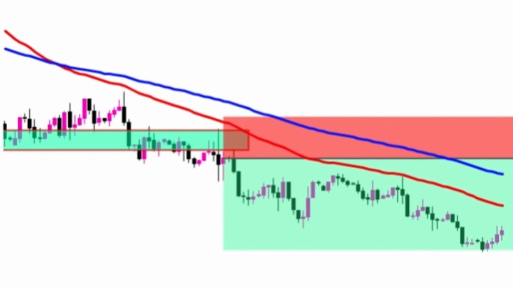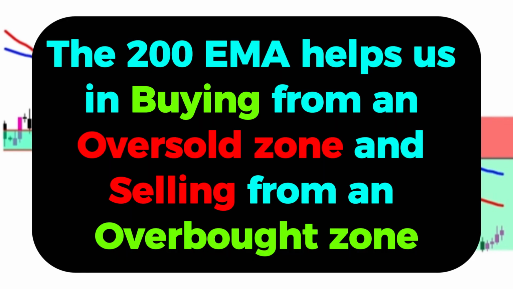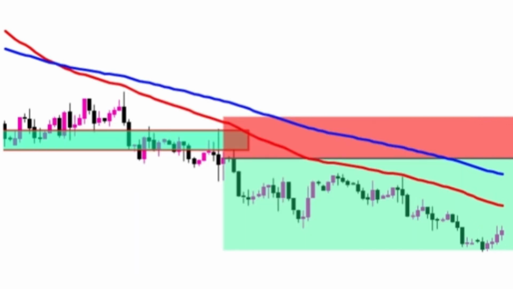And similarly, the 200-period exponential moving average line helps us in buying from an oversold zone and selling from an overbought zone. Whenever the market comes closer to the 200-period exponential moving average line during a trending phase, it means that the market would continue its phase in the future.